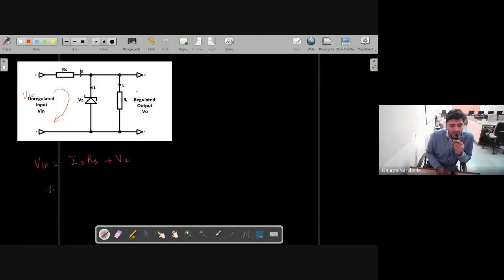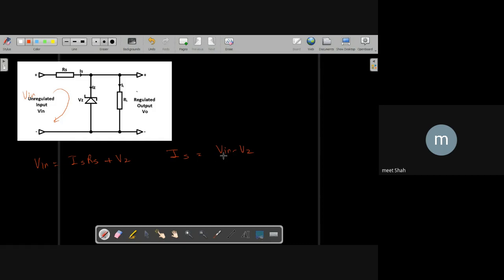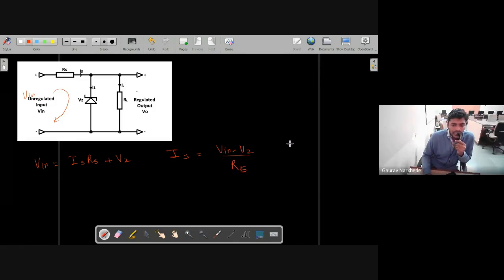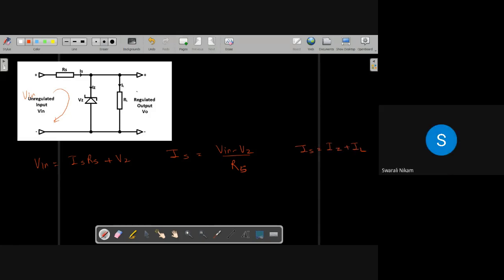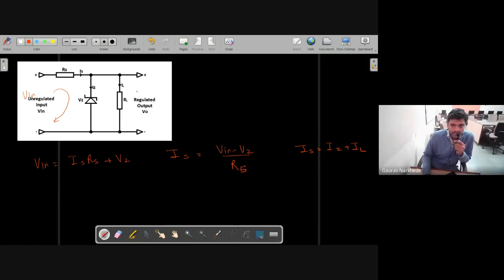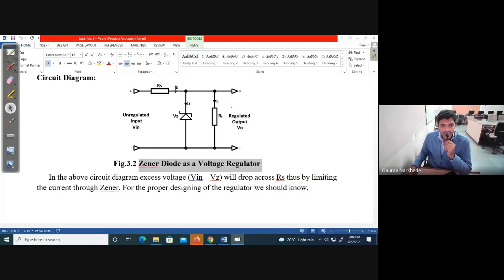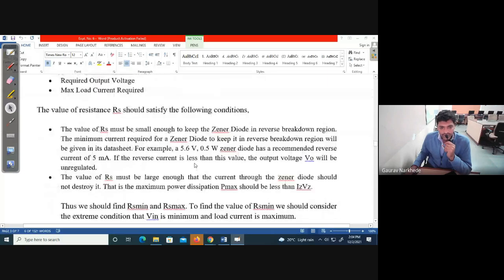And from here I can write IS is equal to (V in minus VZ) upon RS. And the third formula I was having is IS is equal to IZ plus IL. Okay, very good. We know this diagram, we have the equations also, and we have solved a simple numerical also.